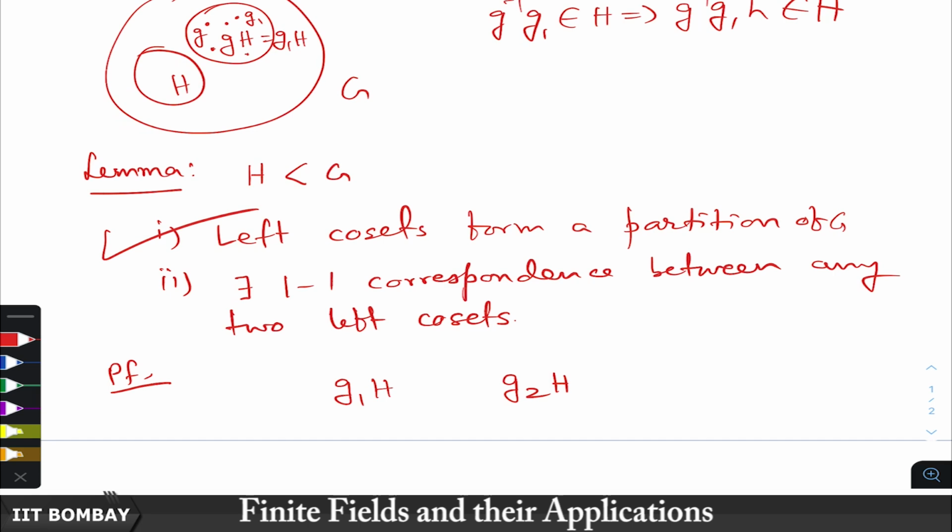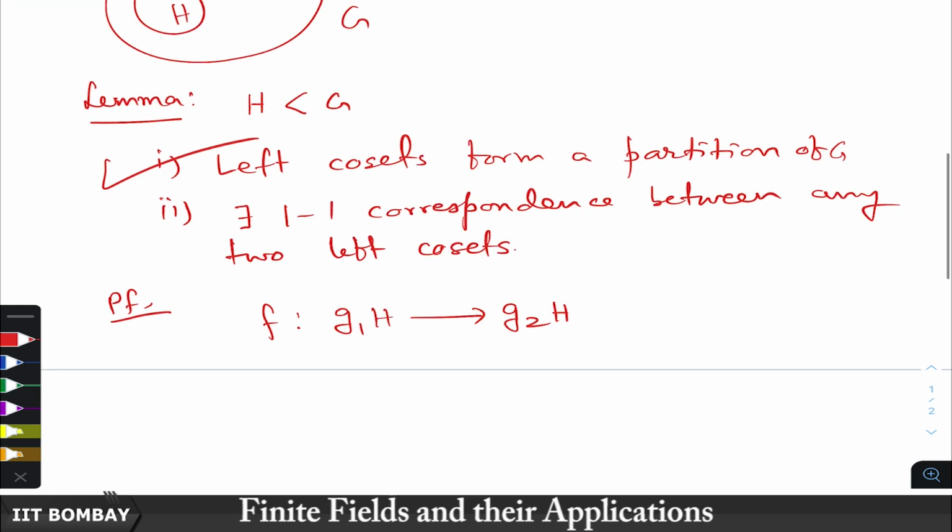Even if they are the same, this will define a one-to-one correspondence. So, we are going to define a bijective map from g1 H to g2 H. How are we going to define it? We are going to define it by saying that any element g in g1 H goes to g2 g1 inverse g.